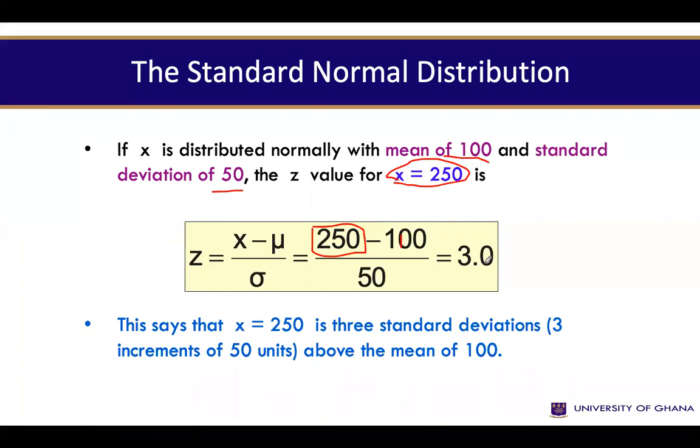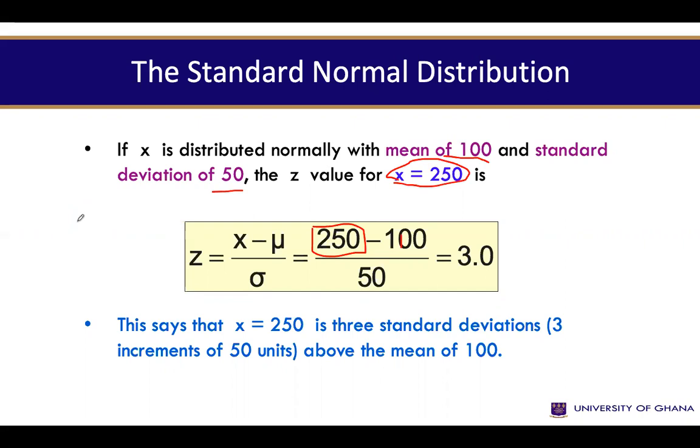Now standardization also helps you identify how many standard deviations x is away from the mean. So if I had a normal distribution with a mean of 100 and a standard deviation of 50, and I'm looking for the z value that corresponds to the position of x equal to 250 with reference to the mean, if I standardize, I get 3.0.